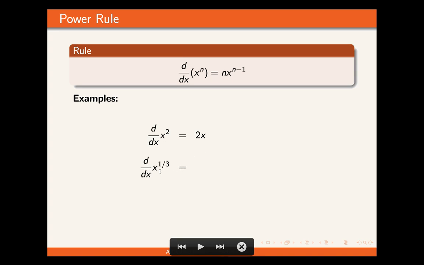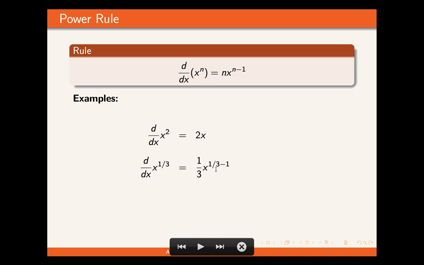Similarly, the derivative of x to the power 1/3 will be, can we use the power rule here? Yes, definitely. Why? Because this is again a power function, since in the power we have a real number. So let's apply the power rule: bring the power down, which is 1/3, write down x as it is, and subtract the power by 1.